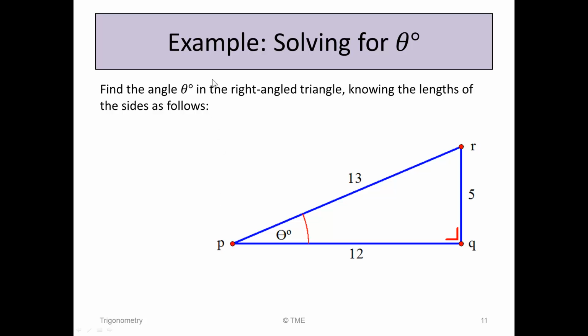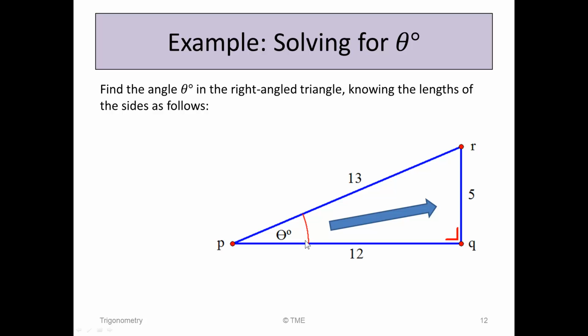Let's consider an example. Find the angle theta here in the right angle triangle, knowing the lengths of the sides as follows. So we're given a triangle with sides 12, 5 and 13 and told it's a right angle triangle, and we're interested in this angle here.